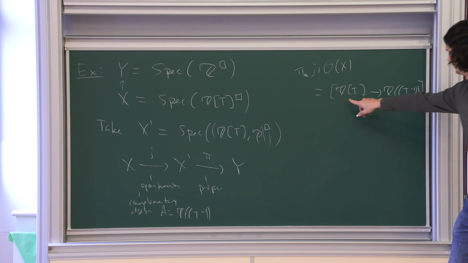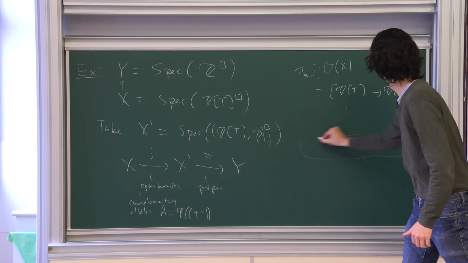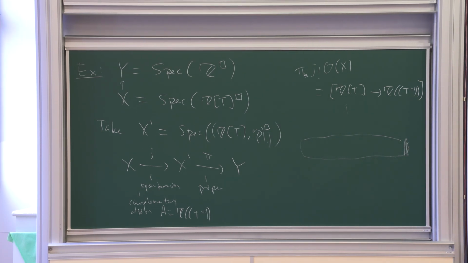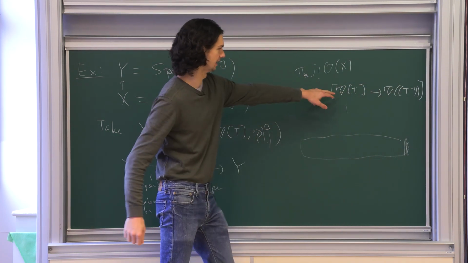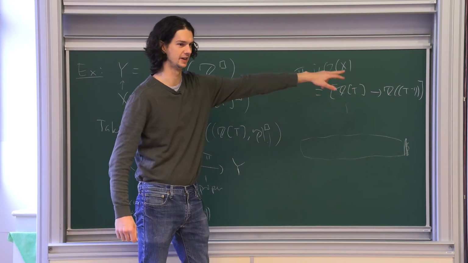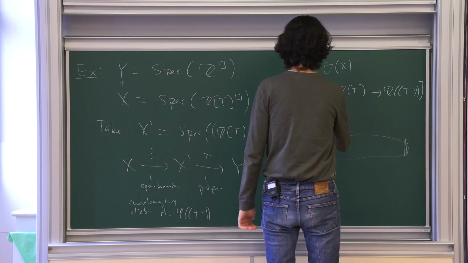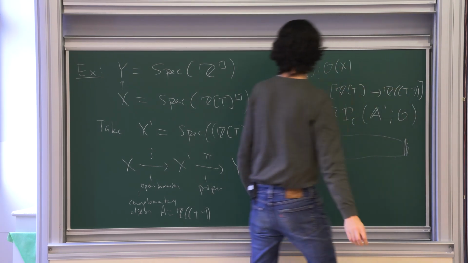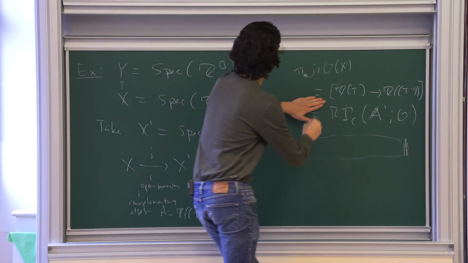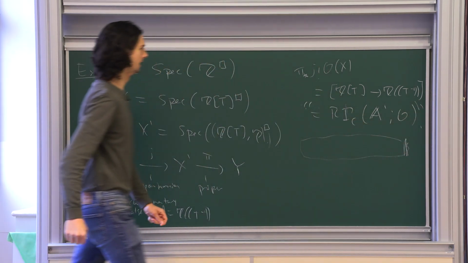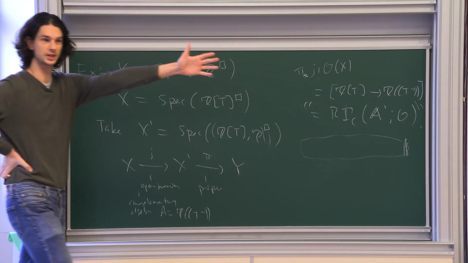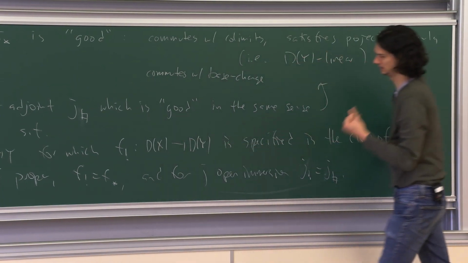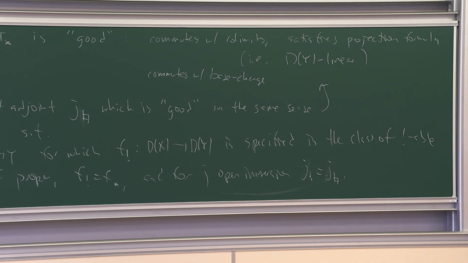So intuitively speaking, this is functions on the affine line, and this is functions localized near infinity, near the missing point. So this is like functions on the affine line which vanish near infinity, so to speak, because you're taking a fiber. So that's kind of compactly supported cohomology of the structure sheaf on the affine line, so to speak. And this is what six-functor formalisms are supposed to be doing in general. They're supposed to be specifying some notion of relative compactly supported cohomology, which behaves well in families.